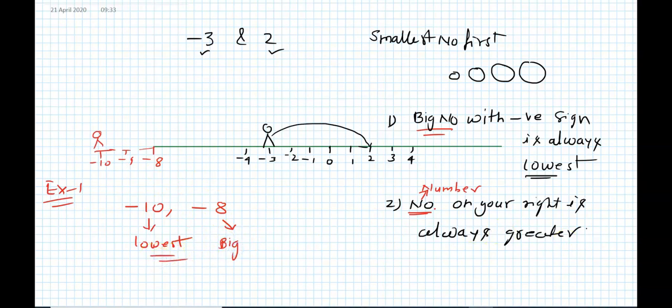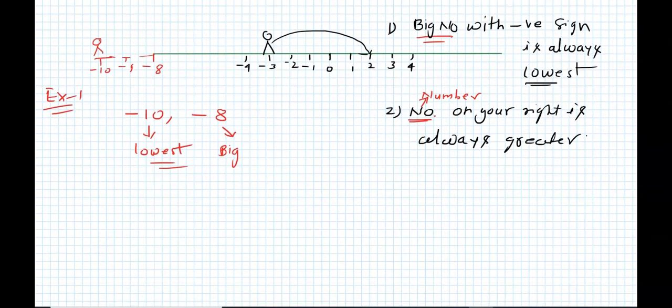Okay, let's do another question now. Example 2: suppose here it is -5 and +5. Which one is greater? The number on your right hand side is always greater, and here both numbers are the same.